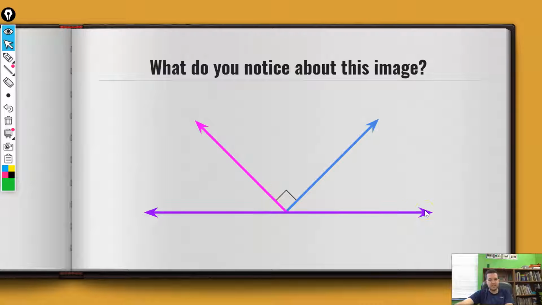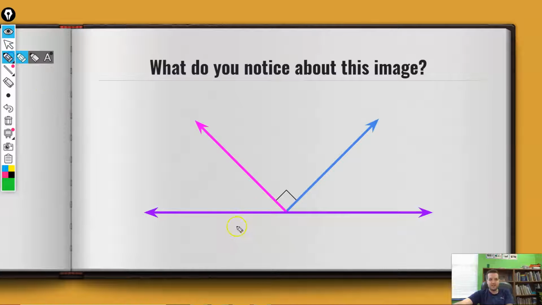What's also interesting is that if this is truly 180 degrees, or half of a circle, this purple straight angle that you see, then this acute angle, plus the right angle, plus this other acute angle, will all equal 180 degrees, right?